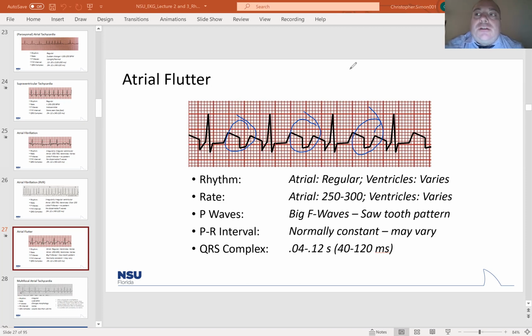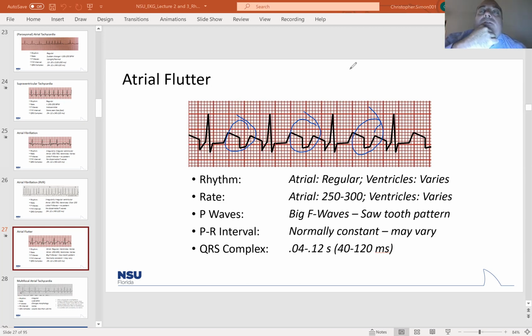However, variant conduction, because you have a different amount of flutter waves in between each QRS, like the thing we just drew out with the irregular one, you're going to get irregular R to R intervals because you have a different amount of space for a different amount of flutter waves in between each R wave, okay? So that's pretty much where we're at on that.